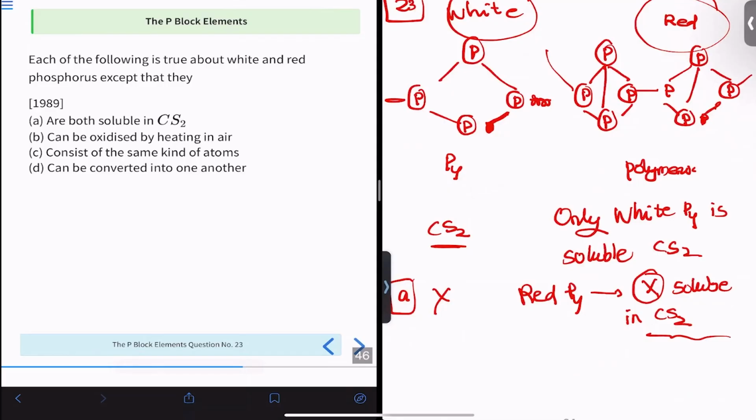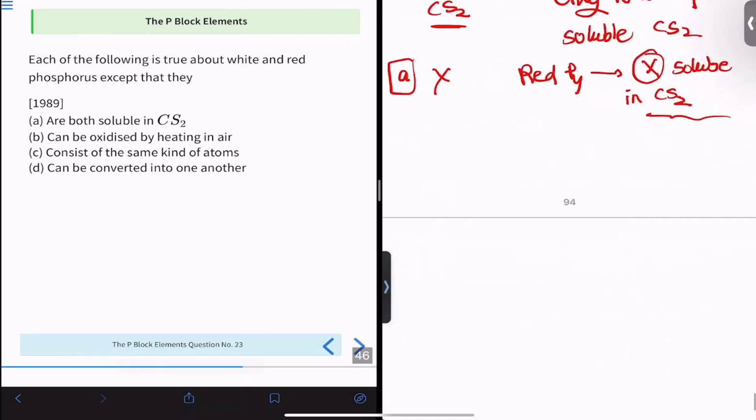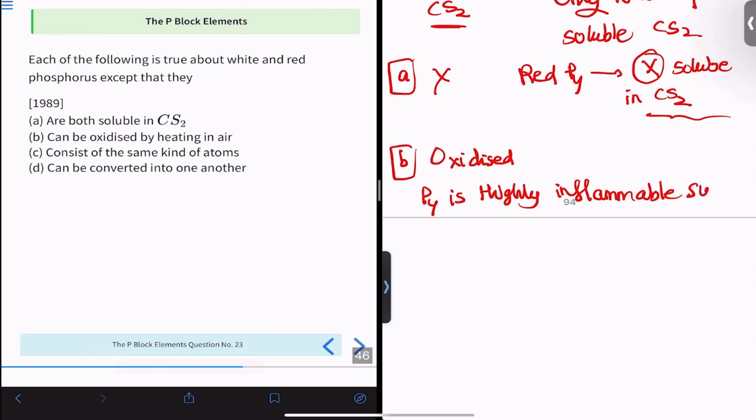Option B says both of them can be oxidized by heating in air. You remember this: phosphorus is a highly inflammable substance.